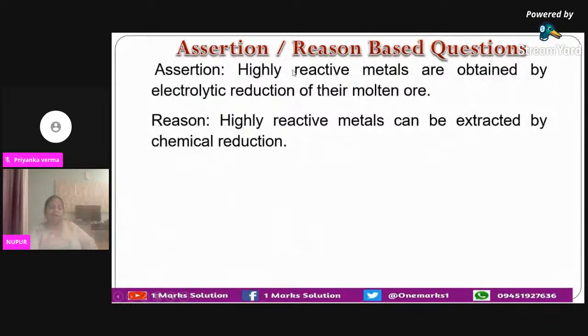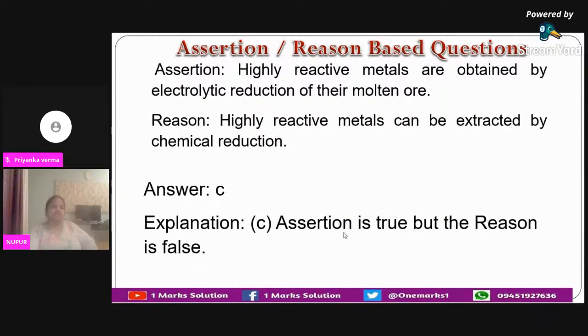Now, you have already covered a number of metallurgy processes, so you know that electrolytic reduction is there for highly reactive metals. But let us see. Assertion is true, but the reason is false. Because highly reactive metals cannot be extracted by chemical reduction. They can only be extracted by electrolytic reduction. So we select the C.